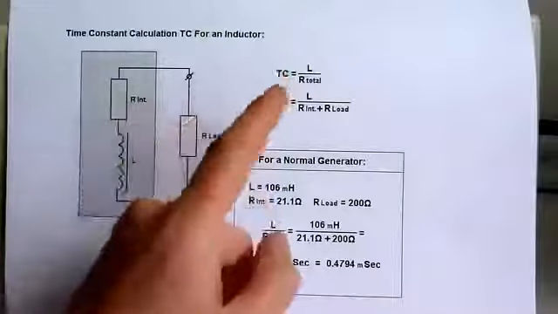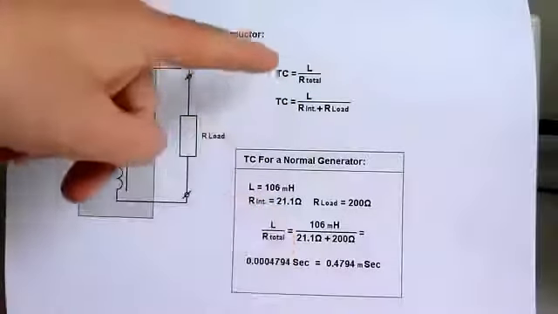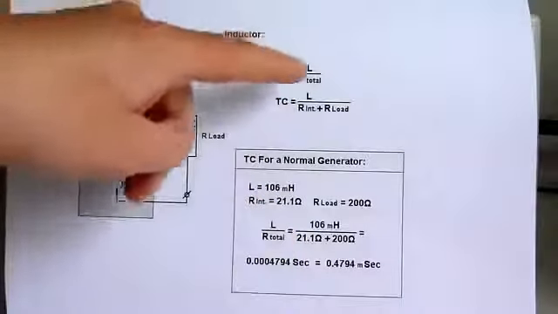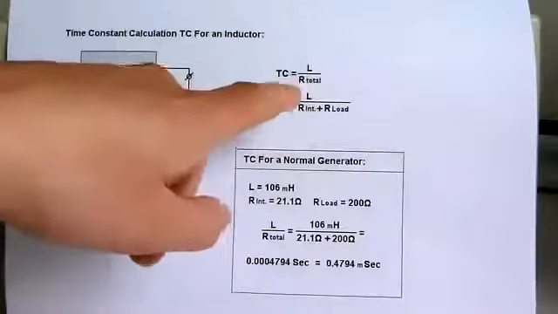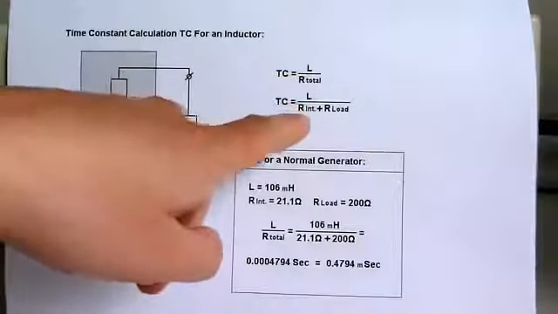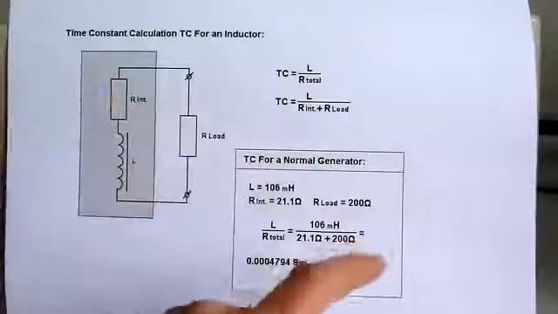The time constant is L divided by R total, so R internal plus the R load.